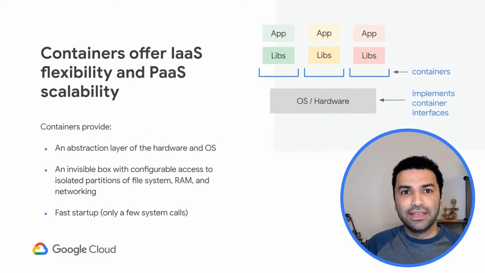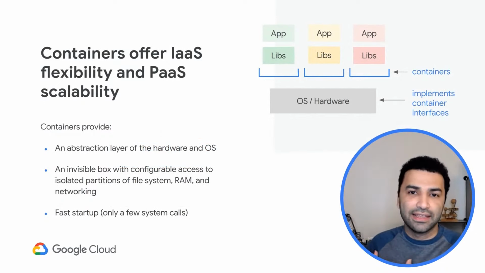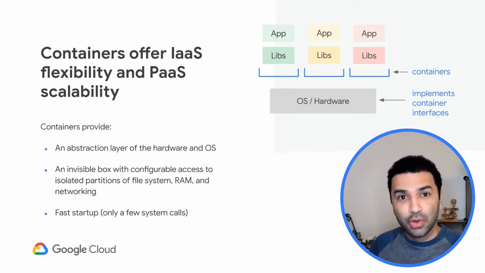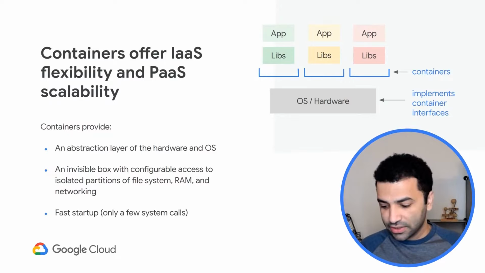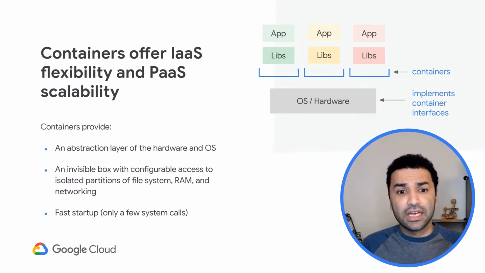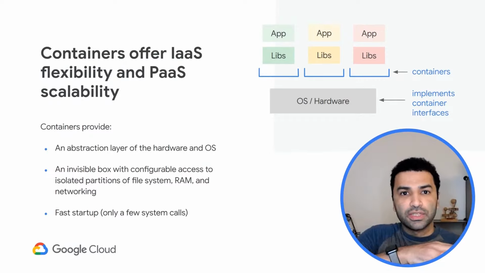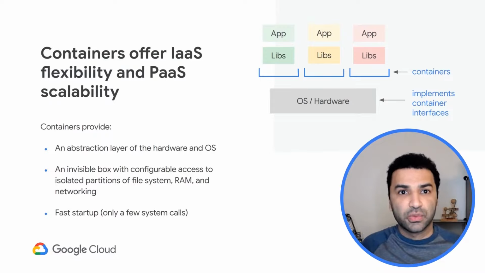Now, between the complete flexibility of IaaS and the complete control of App Engine, we have an in-between solution, which we call containers. Containers is basically the idea of telling you, I will give you a flavor of operating system that is ready made and ready to be used, and you just place your container or your application and libraries on top of it, and it will just work.